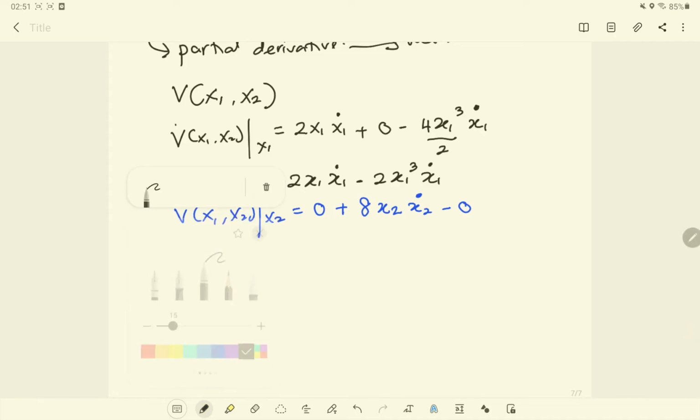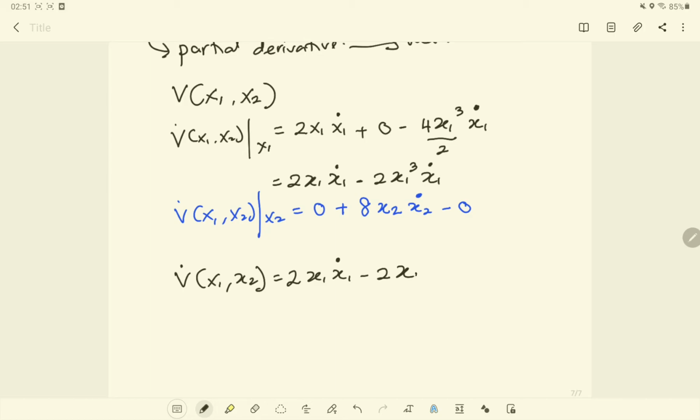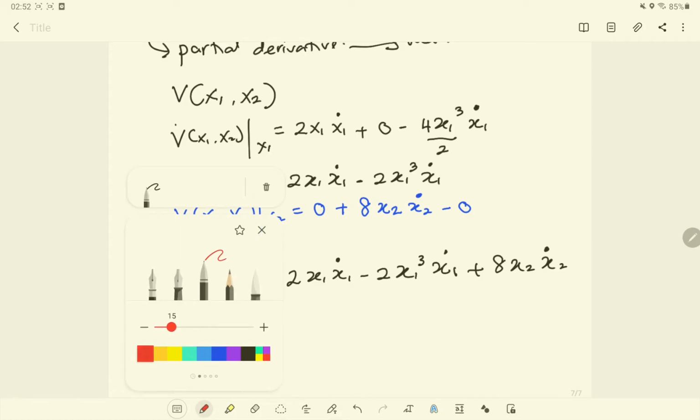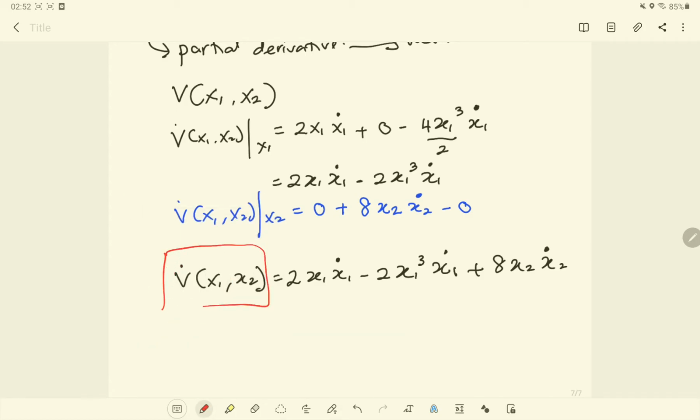Okay. Therefore, the derivative of V(x1, x2) is equal to 2 x1 dot minus 2 x1 cubed x1 dot plus 8 x2 x2 dot. So here is your V dot equation for the system.